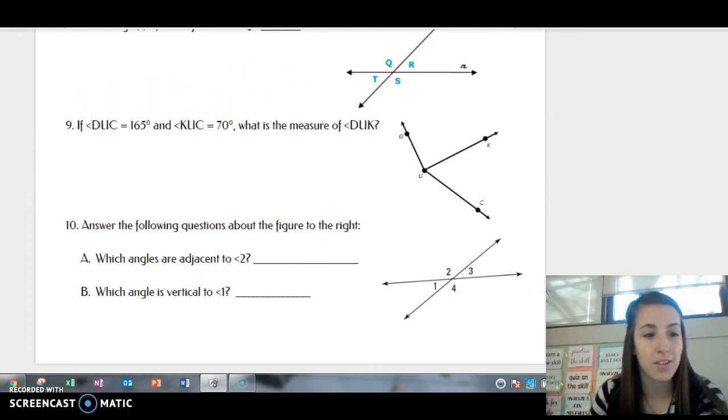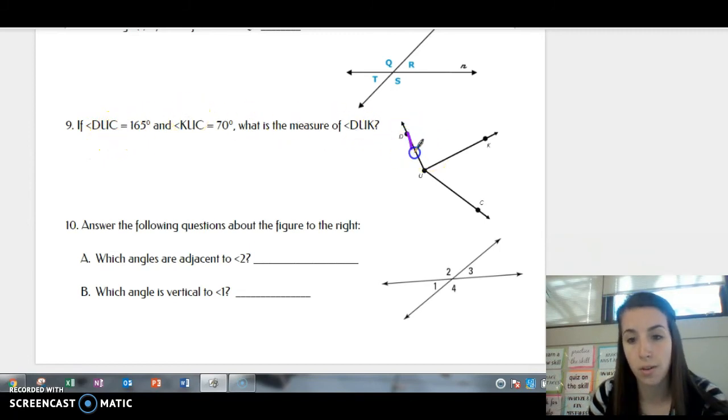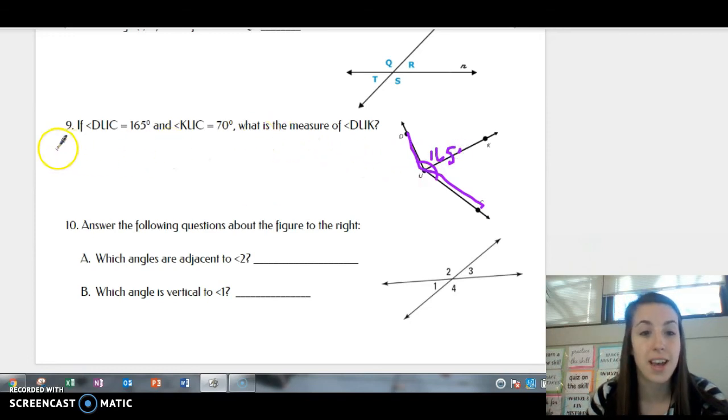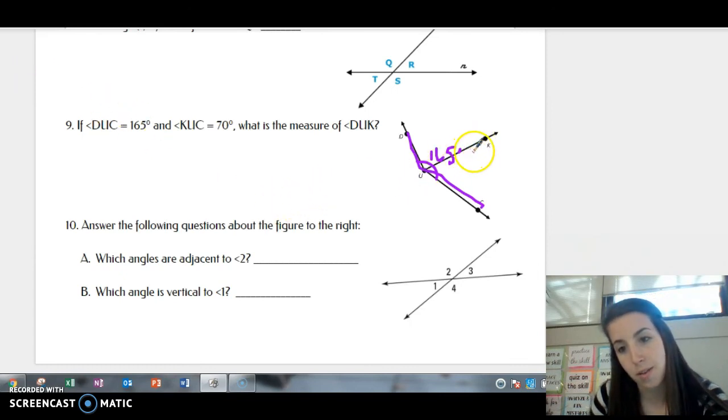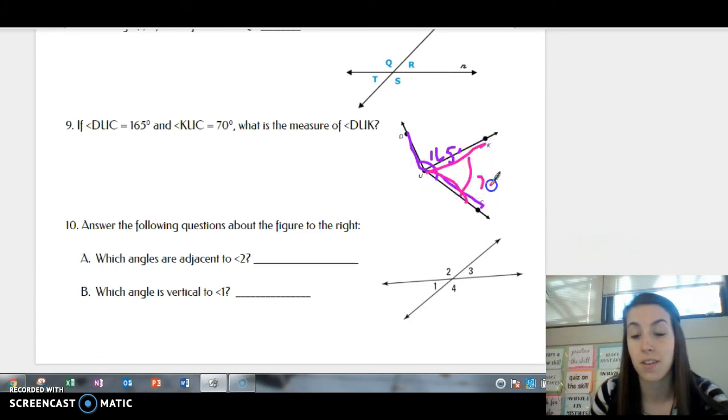Question 9 is giving you a couple of angle measures here. It looks like angle DUC, so this whole angle right here, they're telling you this whole thing is equal to 165 degrees. They also say that angle KUC, that's just this angle, is 70 degrees.